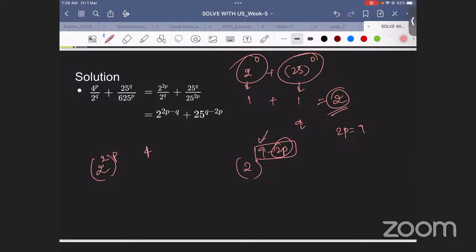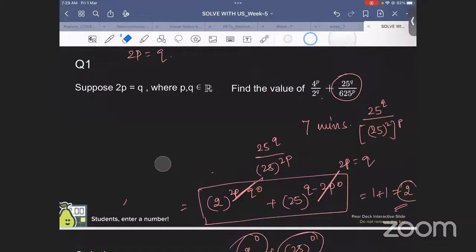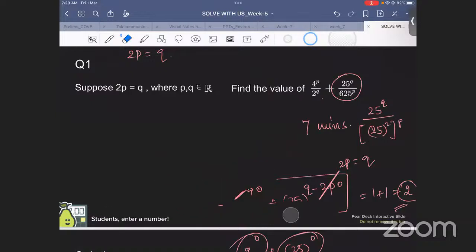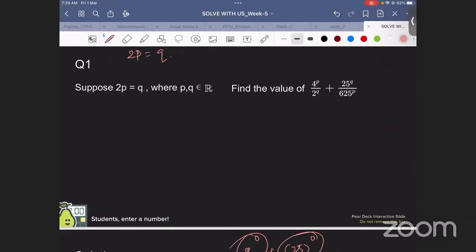Because q is equal to 2p, so I can change it that way. And so I got 4 to the power of p by 2 to the power of 2p plus 25 to the power of 2p by 625 to the power of p. Then I did cross multiplication, and then I took the common terms out. Then also it would come to the same conclusion, right?